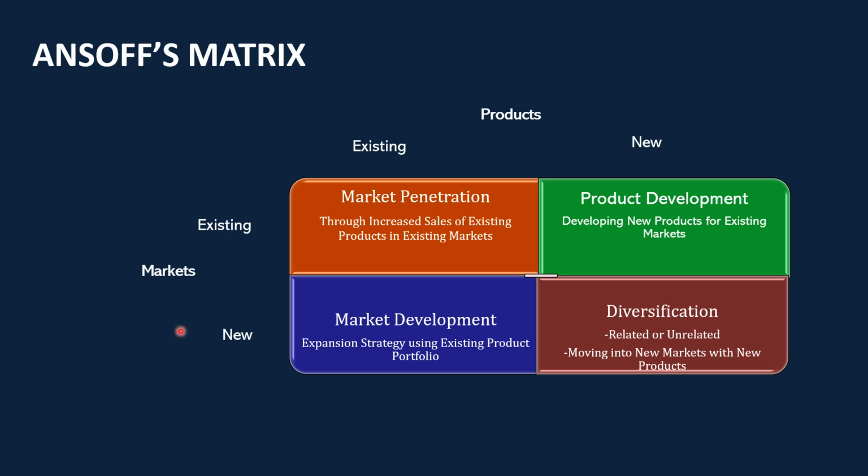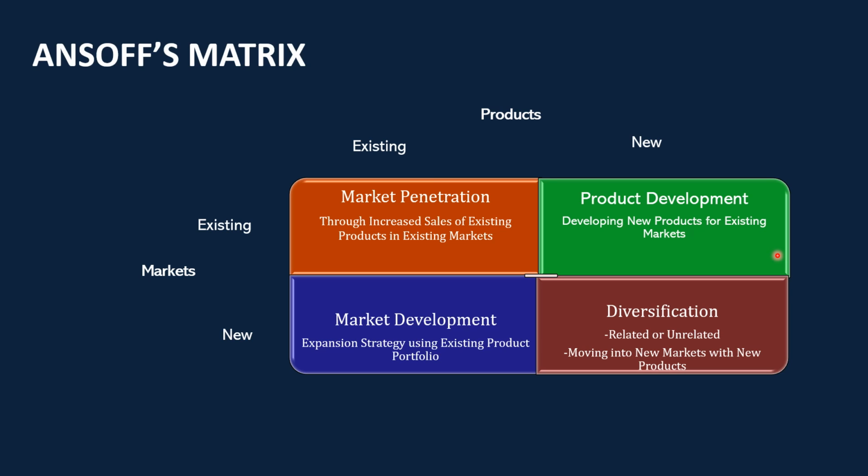As you can see here, the 2 parameters on which the matrix is built is markets and products. And these are the strategies which you can see in these 4 quadrants. Let's begin with the first one, which is market penetration. Now, this is where the firm seeks to maintain or increase its share of its existing product in the existing markets.